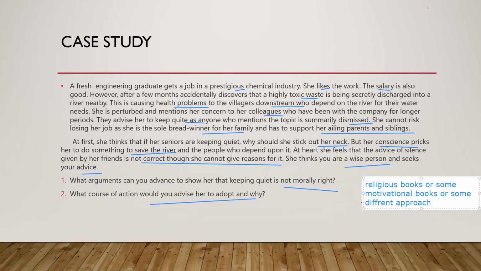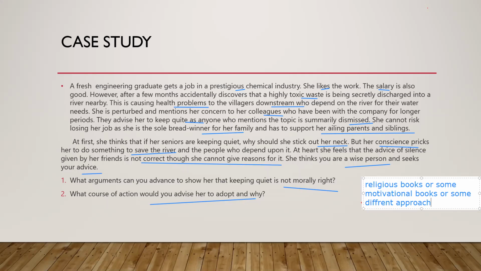You can say that according to the Bhagavad Gita, if some wrong is going on in front of you, and you are not saying anything against that, that is morally wrong. So you can quote the Bhagavad Gita.